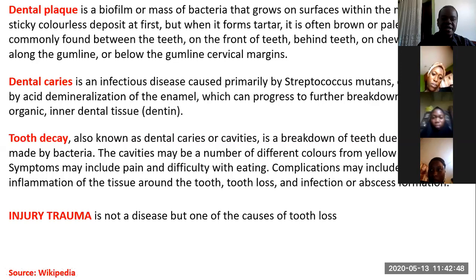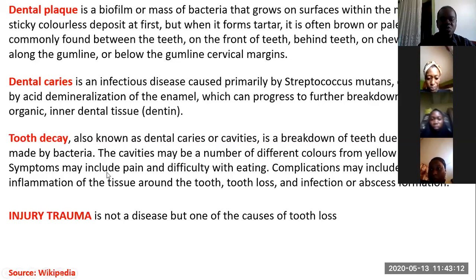When a tooth has caries, an ordinary person says it has decayed. So tooth decay is usually caused by bacteria, and it results in caries. Caries can create holes in your teeth, different holes. Of course, people lose teeth through them.